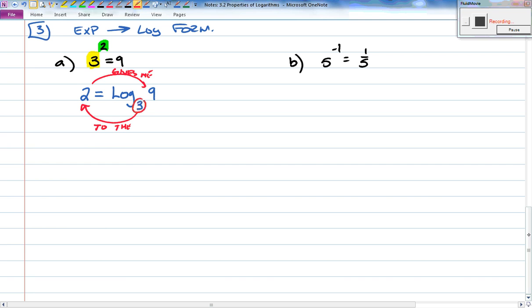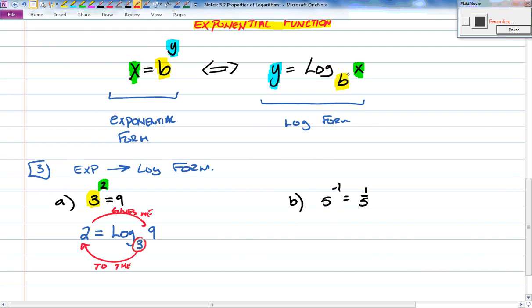The circle of life, right? So if you want to go back up here and write that down, say the base to the y gives me back x, okay? So base to the gives me. You guys cool with that part?